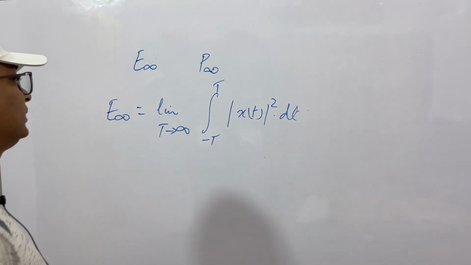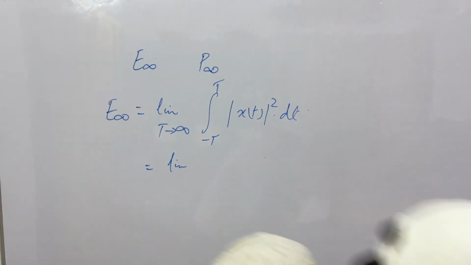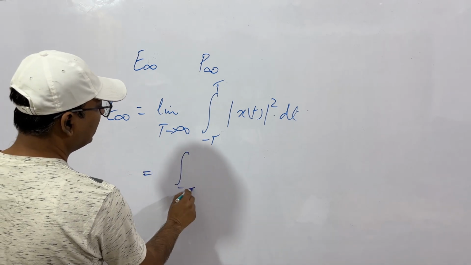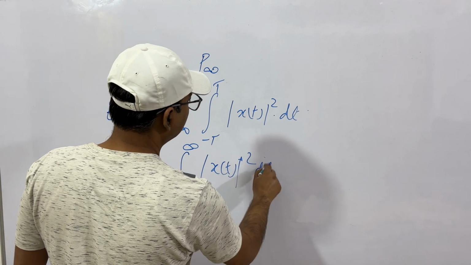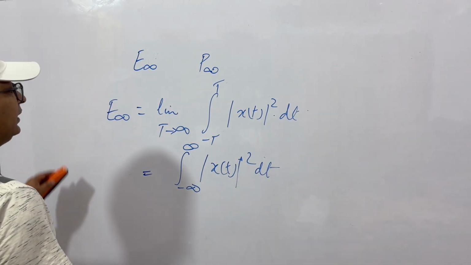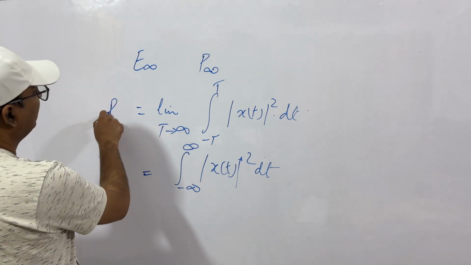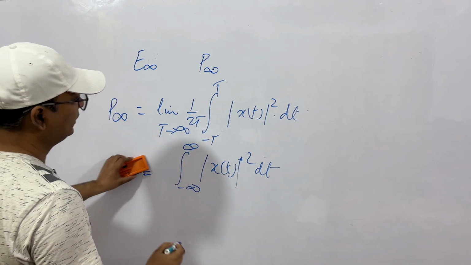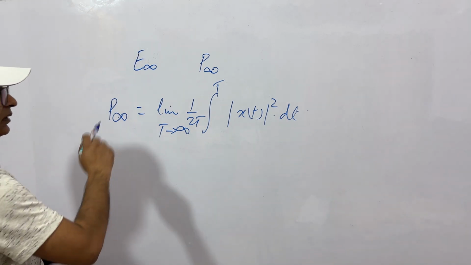This was the expression for energy. Since this is infinity, you could also write it directly from minus infinity to infinity of |x(t)| square dt. For P infinity, it was simply averaged, that is 1 by 2T times this. So we know how to find E infinity and P infinity for continuous time signals.